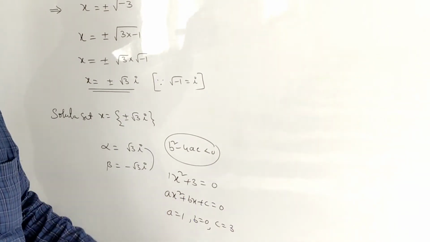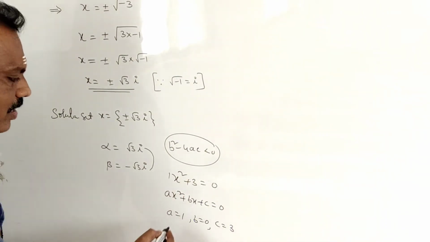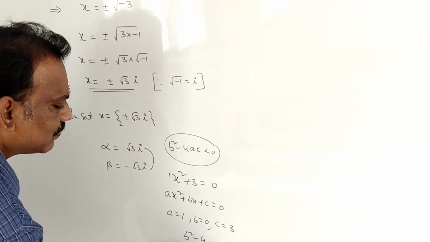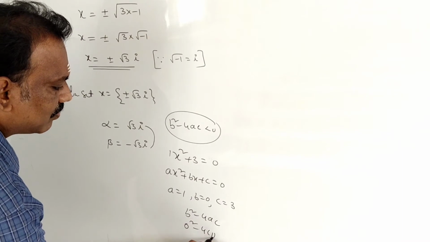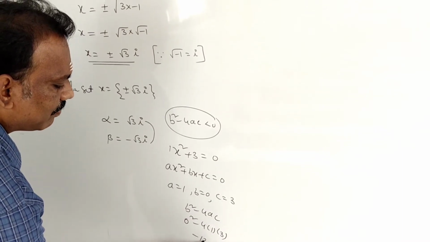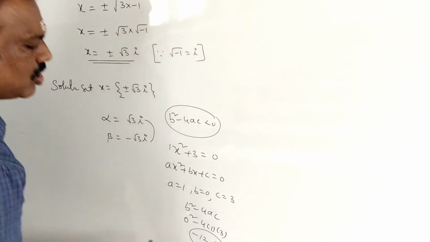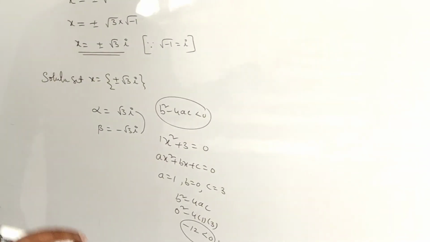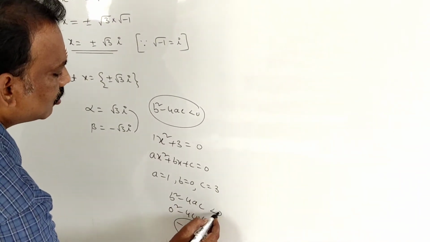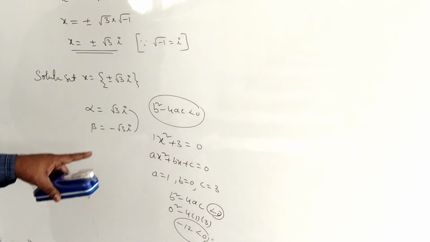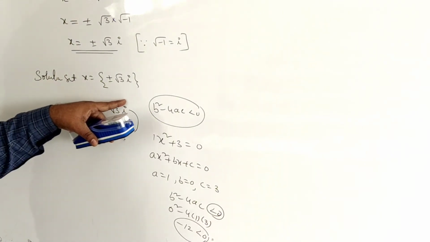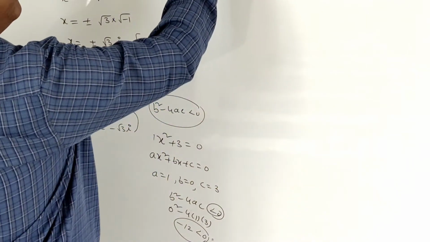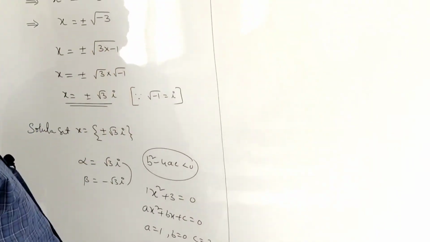For a pure quadratic, the sum of the roots is 0. Now b square minus 4ac: b square is 0 square minus 4 into 1 into 3, you get minus 12, which is less than 0. So b square minus 4ac is less than 0, and the roots are complex or imaginary. See that the roots are complex numbers. Correct, students? Right.